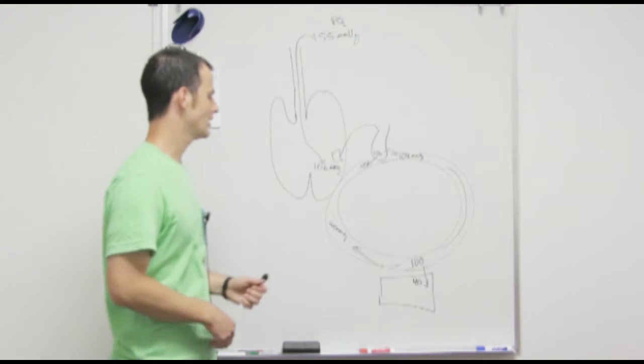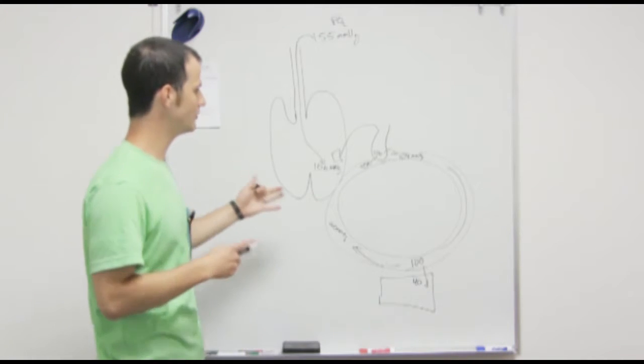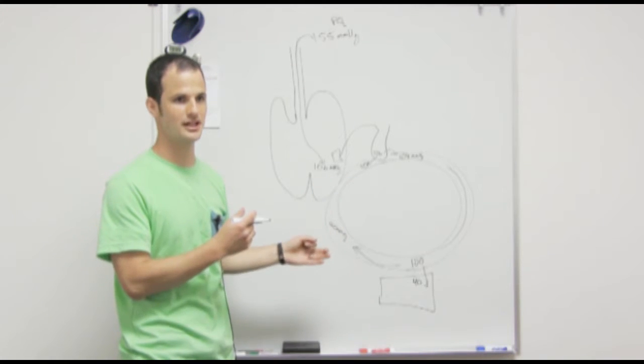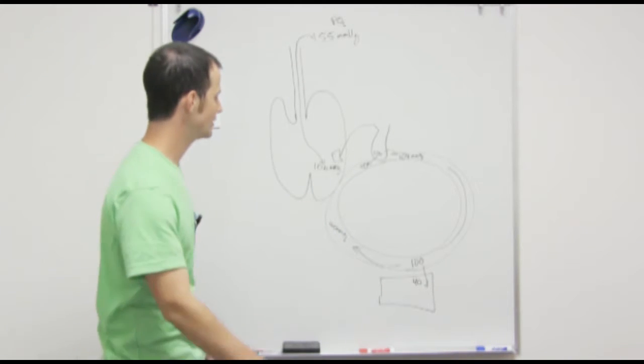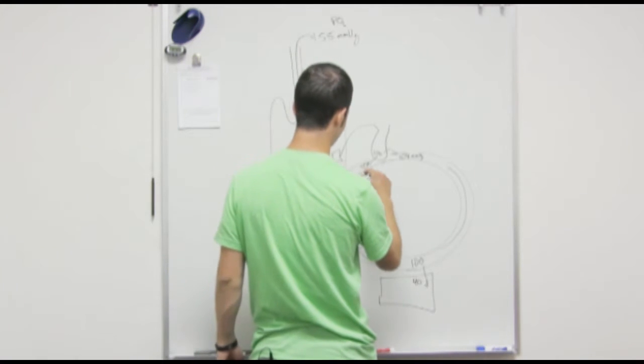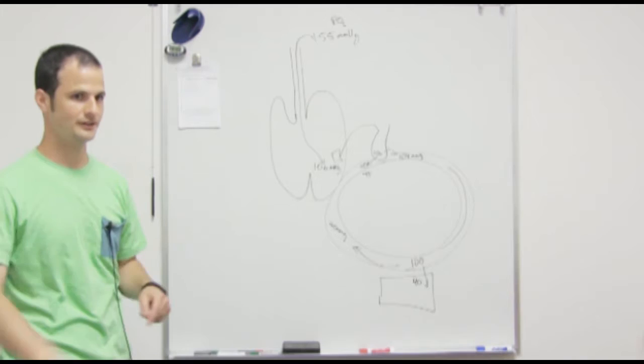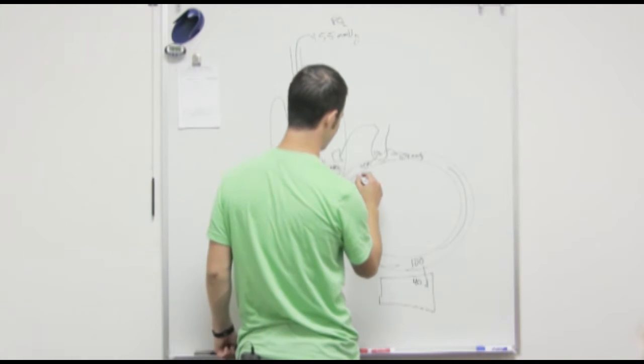And when we're talking about CO2, it's just the opposite type of levels as the oxygen, right? We have a higher level of CO2, but these changes aren't as great.